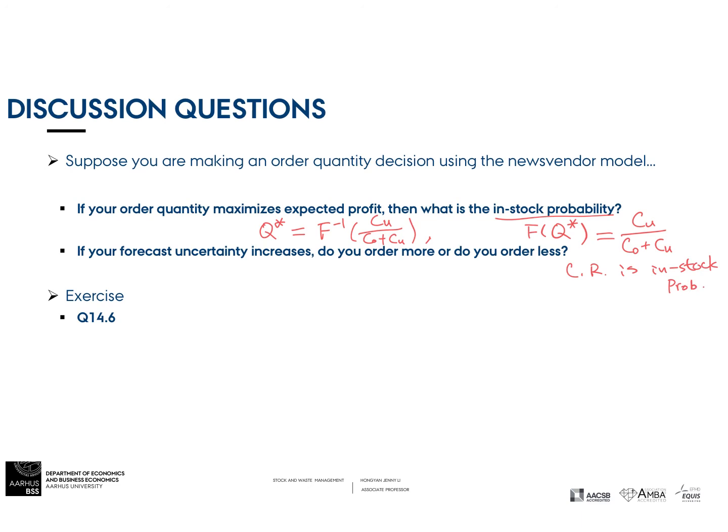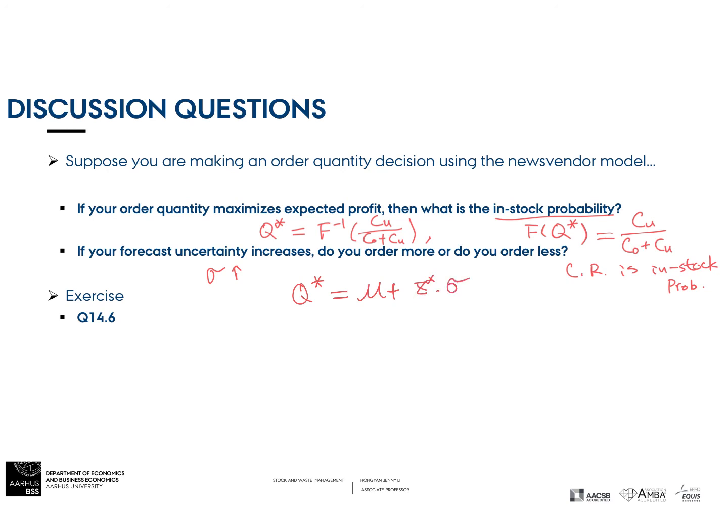If your forecast uncertainty increases, so basically that means the standard deviation sigma increases, do you order more or do you order less? For example, if we continue to use the profit maximization order quantity as an example, if you remember, Q star equals mu plus Z star times your sigma.